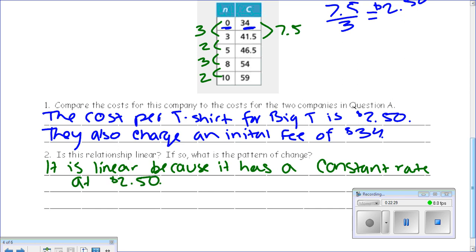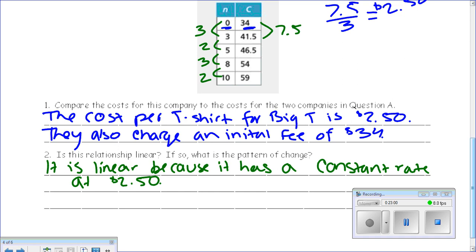That's all you need, at least for a linear line, is a constant rate. It doesn't clearly show that in the table, but we can determine what the constant rate is per shirt. This gives us the constant rate, the difference of 3 shirts, and it goes 2 shirts, and it goes 3 shirts, then it goes 2 shirts. We can still determine that. We can calculate what 1 is and go up by 1s there. Yep, exactly. If we graph it, we can still determine that straight line. But to have a linear line, you do need that constant rate.